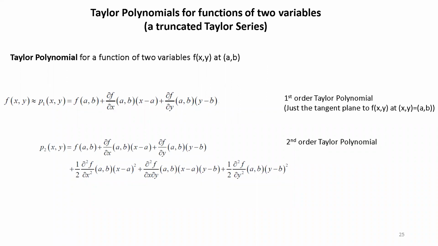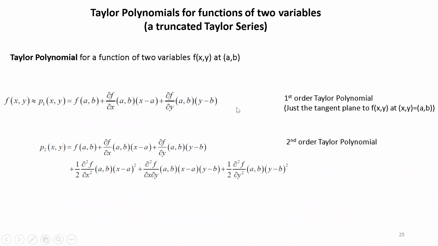Therefore the Taylor polynomial will also be a polynomial that depends on both x and y, and if we draw it, it will also be a curved surface in this xyz space.